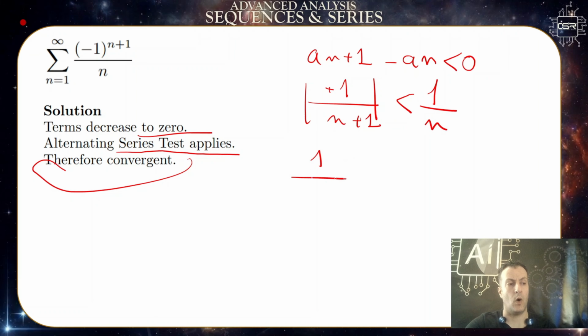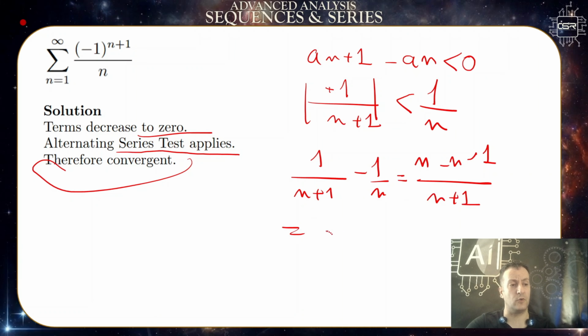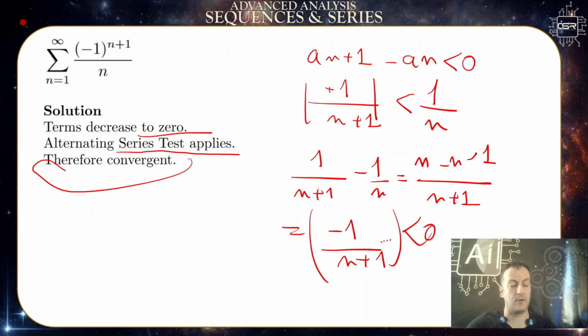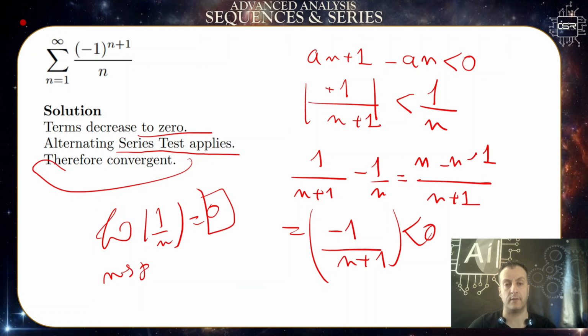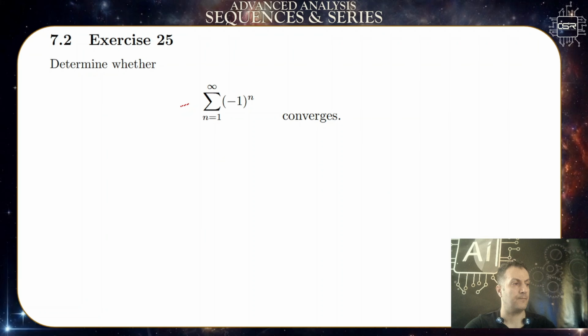So 1 over n plus 1 minus 1 over n is equal to n minus n minus 1 divided by n times n plus 1, equal to minus 1 over n times n plus 1, which is less than 0. Therefore, the series is decreasing. Plus, the limit of 1 over n as n approaches infinity is equal to 0. So both conditions have been met and the series is convergent.